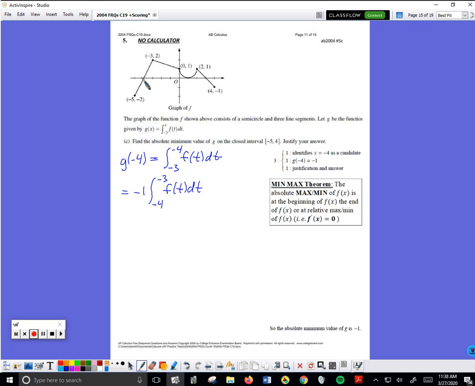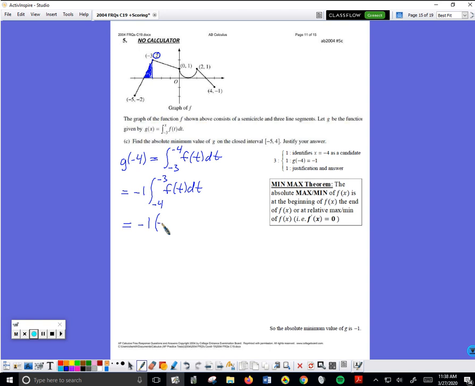So we're going from negative 4 to negative 3. So we're finding this area. All the values of f here are positive, so this will be positive. That's 2 high and 1 wide. Half of that is 1. So this integral's value is 1.